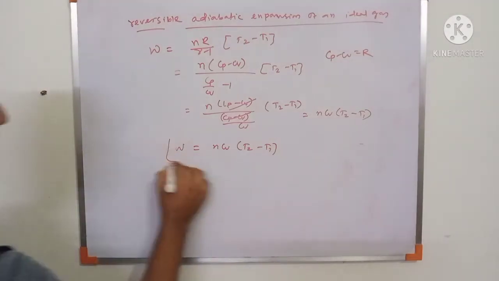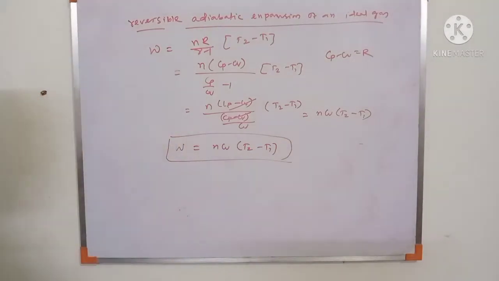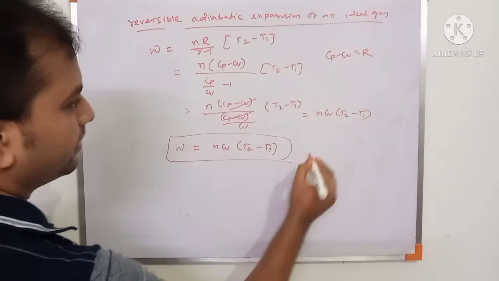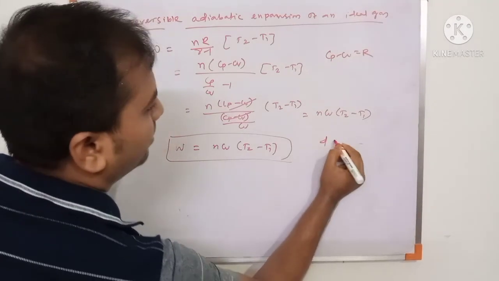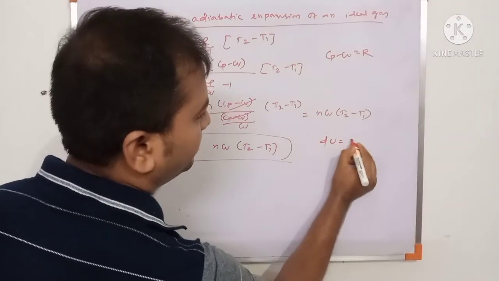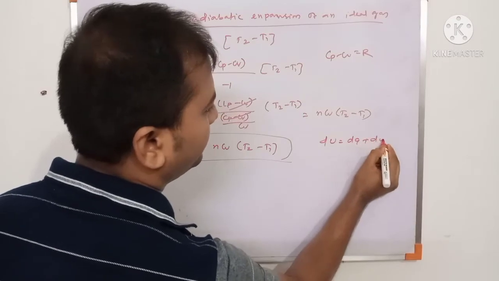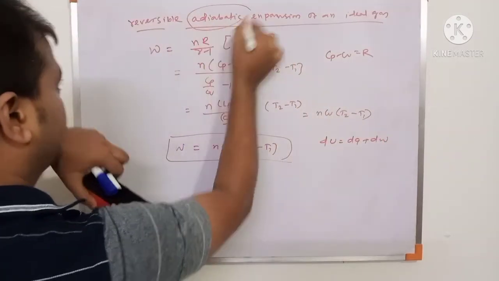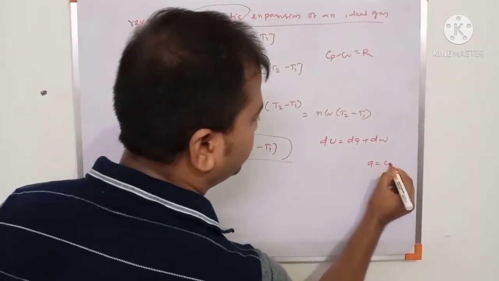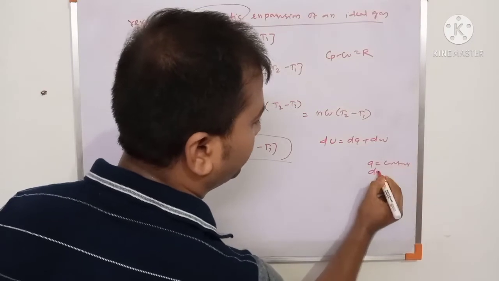Another equation. This is the most important, because we know first law of thermodynamics, delta U equal to delta Q plus dW. But in adiabatic process, Q equal to constant, dQ equal to 0.